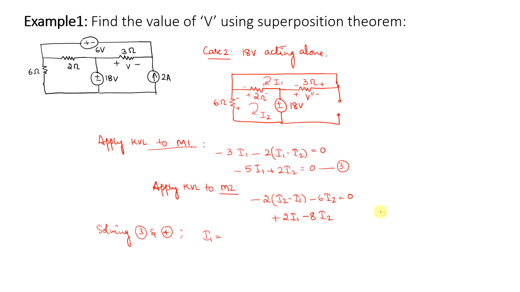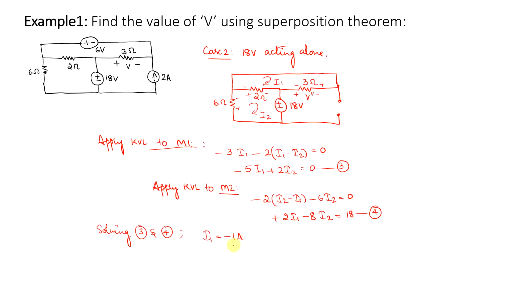So this is 2 times I1 minus 8 I2, and minus 18 becomes plus 18 on the right hand side. So this is your equation 4, right? Correct. I just want the value of current I1 because V double dash will be obtained only if you know the value of current I1. The value of I1 is equal to minus 1 amps.